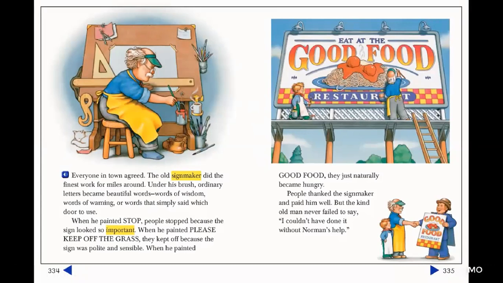When he painted "Please keep off the grass," they kept off because the sign was polite and sensible. When he painted "Good food," they just naturally became hungry. People thanked the sign maker and paid him well. But the kind old man never failed to say, "I couldn't have done it without Norman's help."